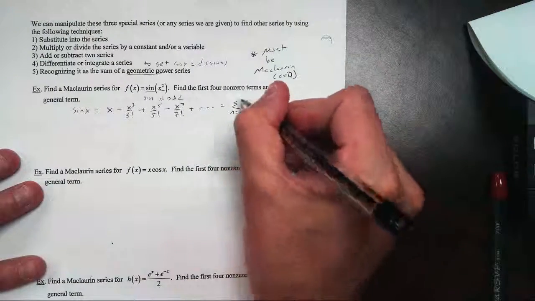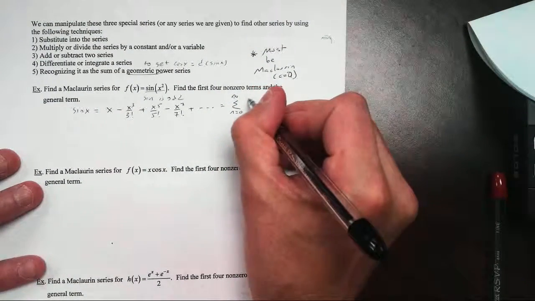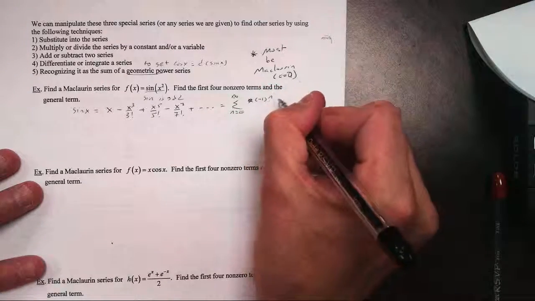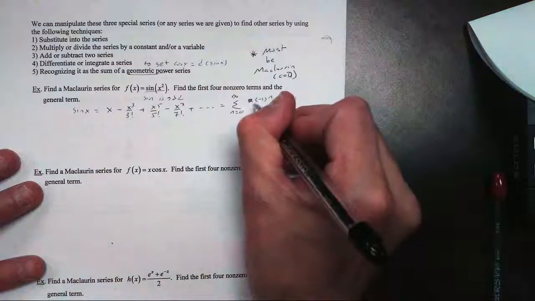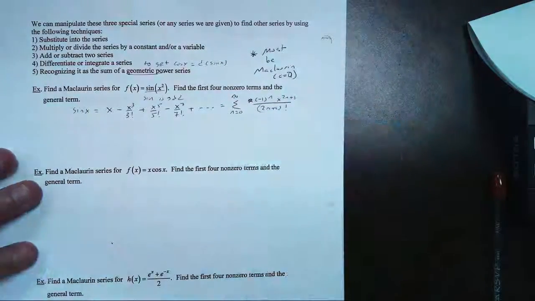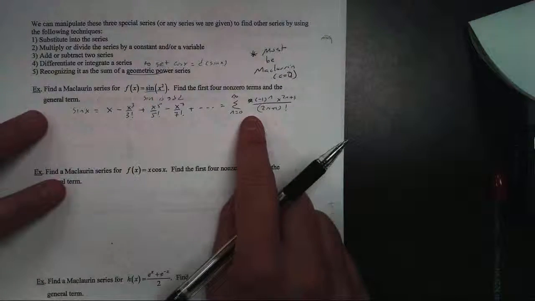So n equals 0 to infinity, and it's alternating, so we have negative 1 to the n, x to the 2n plus 1 over 2n plus 1 factorial. So there's my sine of x.